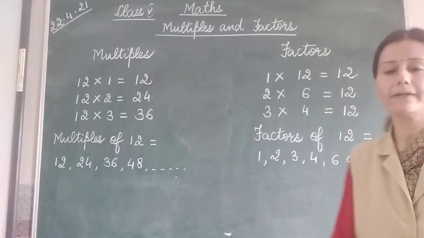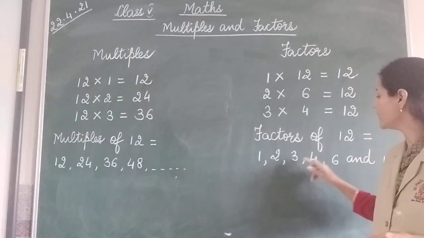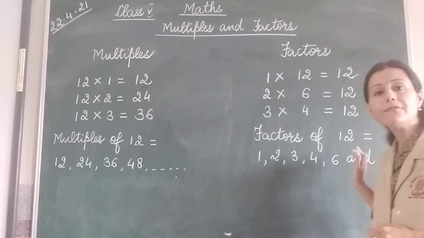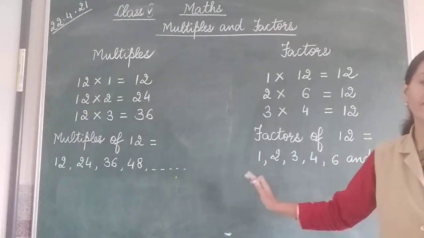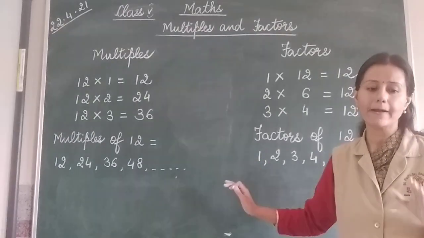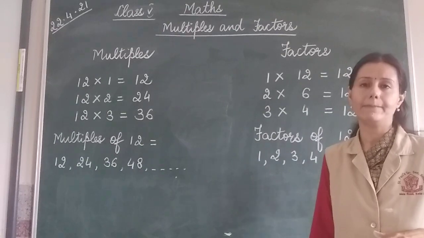Now third property beta, you can see here the factors of 12 are 1, 2, 3, 4, 6 and 12. Every factor of a number is either less than or equal to the given number.